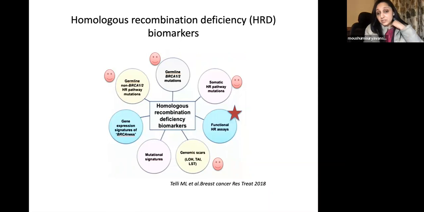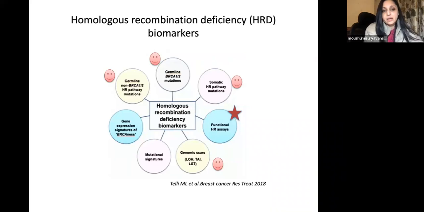And then the functional HR assays, which I've put a star on because I feel this will be one of the important tests in future. And then the genomic scar assays, which is your HRD score, which I think we are going to talk more about today. Then the mutational signatures, as I already mentioned, are based on whole exome sequencing.